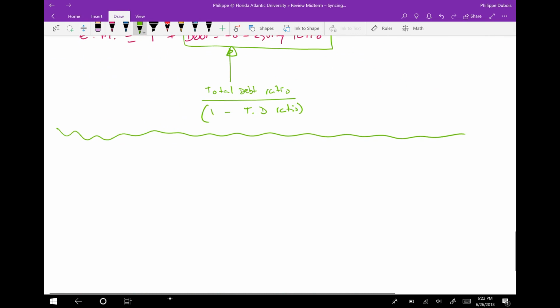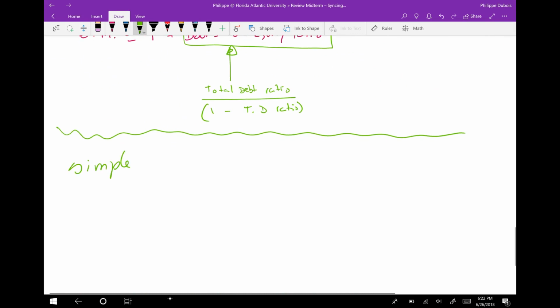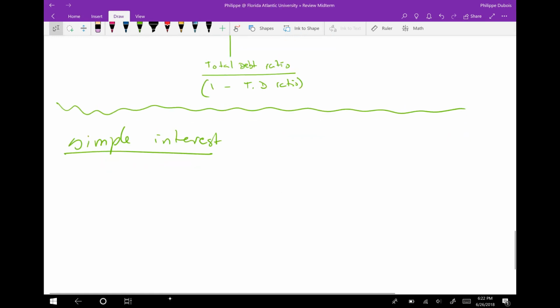For your simple interest, it will go something like this. I want to find an example that will help you solve anything that may appear on the exam.